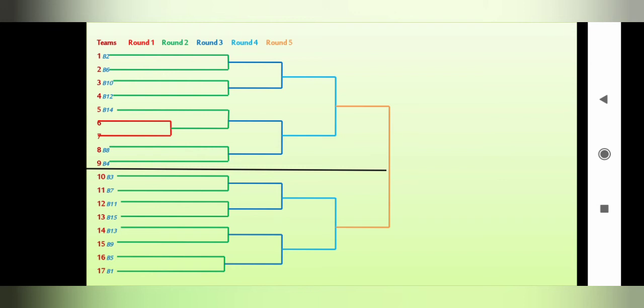Okay, so first bye we give in the lower half, to the last team, 17. Then the second bye we give to number one in the upper half, team 1 gets bye 2.